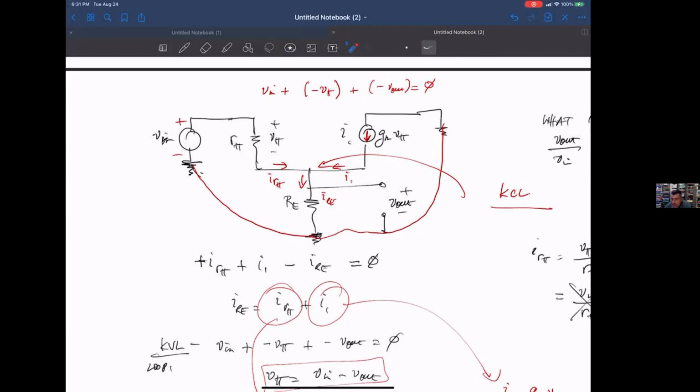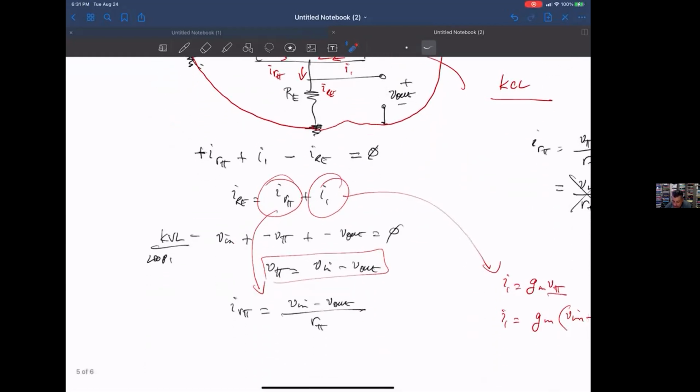Just draw stuff out, make sure you've got your signs right. Just take it step by step. I have a tendency to jump to conclusions, oh, this voltage is equal to that, whatever. And that makes me screw up signs here and there, which could end up being catastrophic when you're trying to solve a problem.